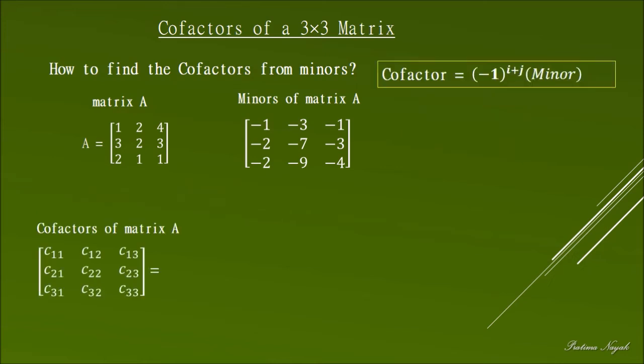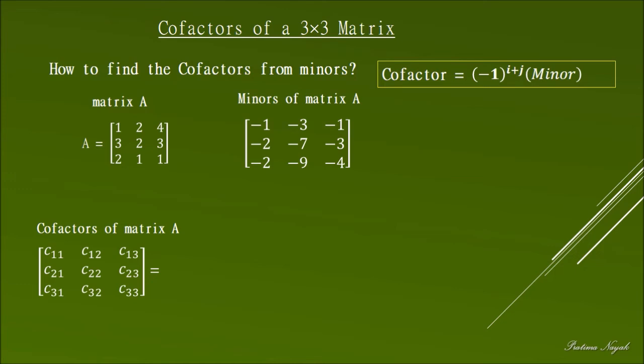So let us make the relation between minor and cofactors. So what about C11? For C11, cofactor 1 1, it is minus 1 to the power 1 plus 1, that is 2. So it will be positive.